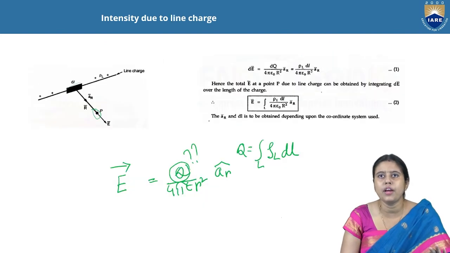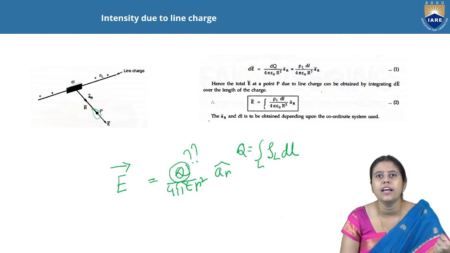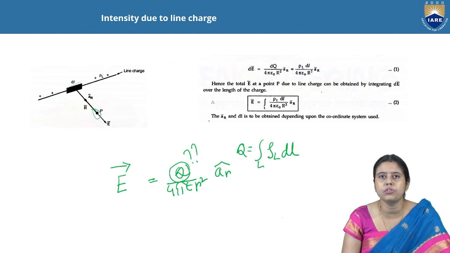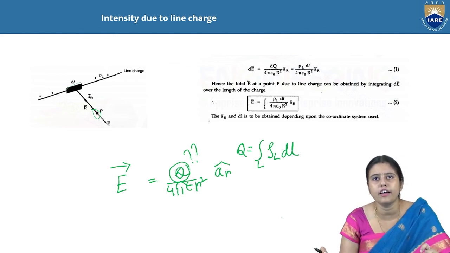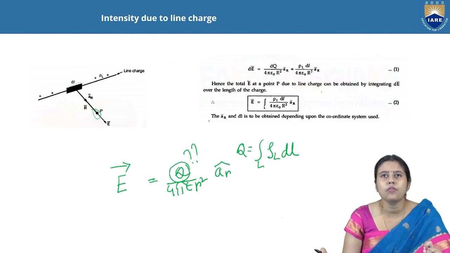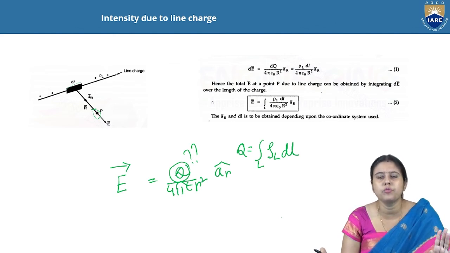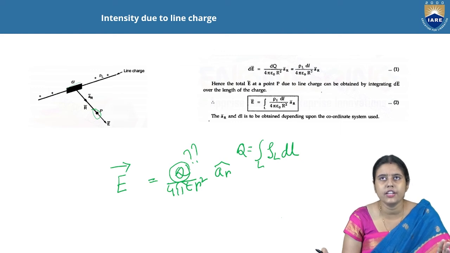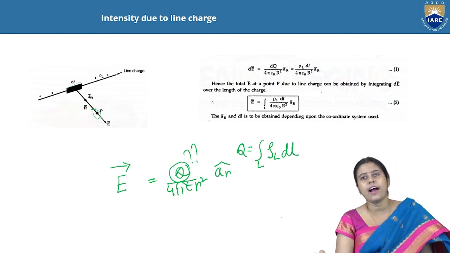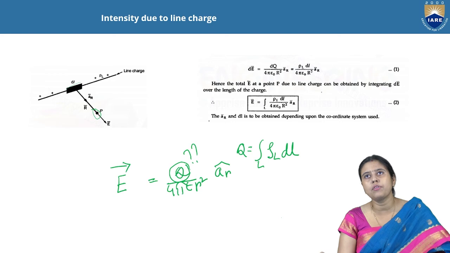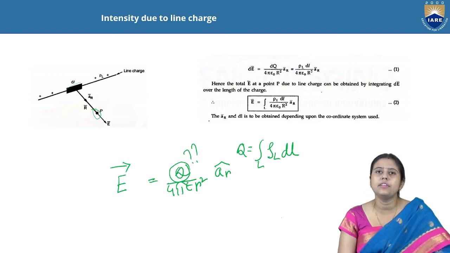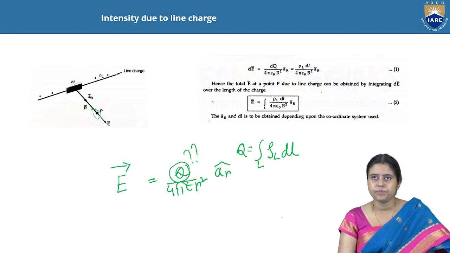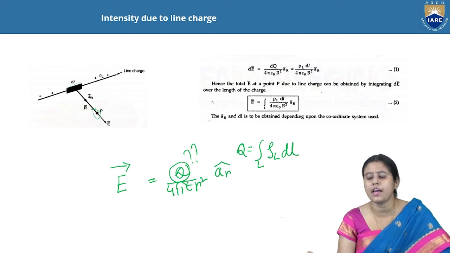In this chapter, we have discussed about the charge, what is charge. Next, we have discussed about Coulomb's law. Then Coulomb's law in the vector form. In the vector form, we have to remember the direction as aR. Then we have discussed about the superposition theorem.